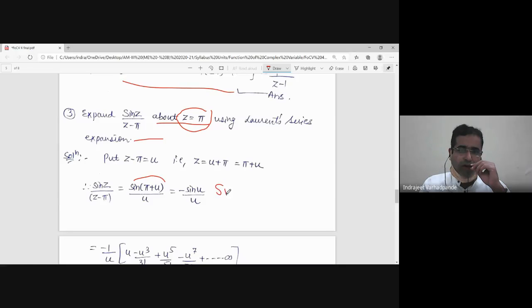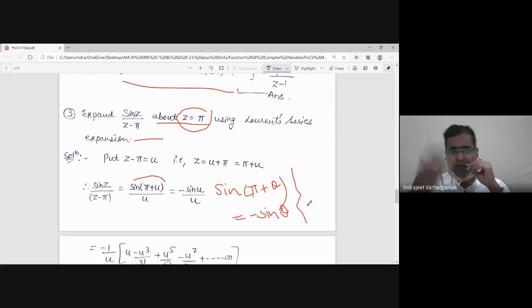Another formula or rule available with us is sin of pi plus theta equal to minus sin theta. So accordingly, pi plus u will be minus sin u. So this is the angle formula available. Accordingly, try to simplify and get the answer.